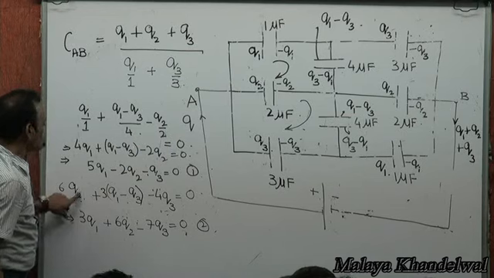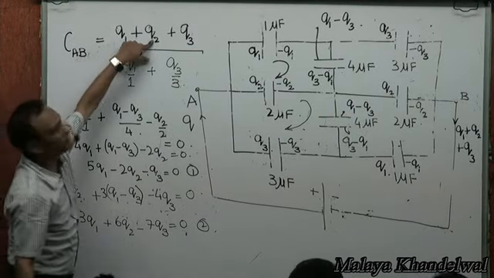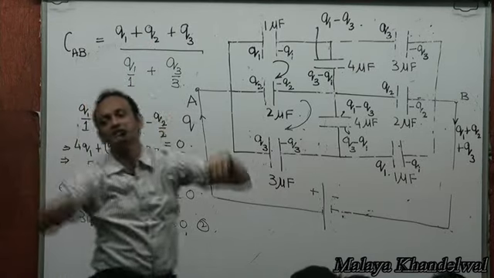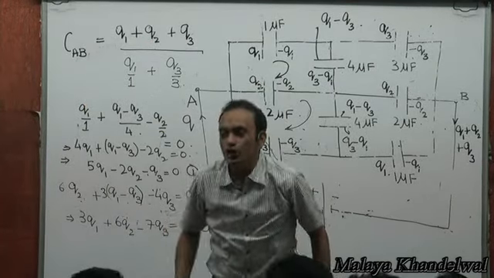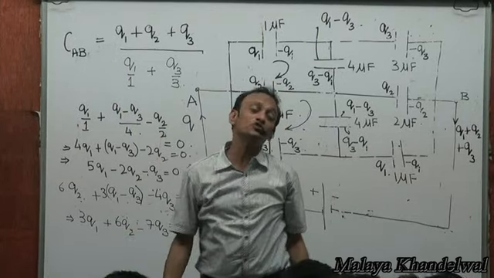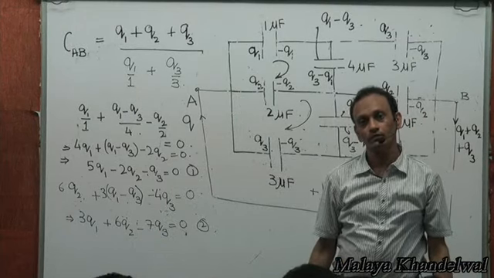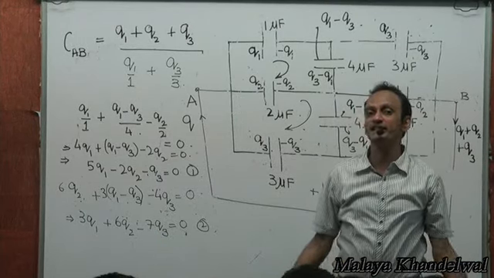Now, you can solve for Q1 and Q2 in terms of Q3. Q3 will get cancelled and you will have a pure positive number emerging out of this computation. And that's going to be the capacitance of this arrangement between A and B. That's the greatest extent of complication.